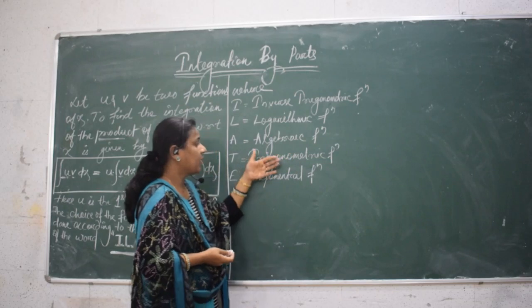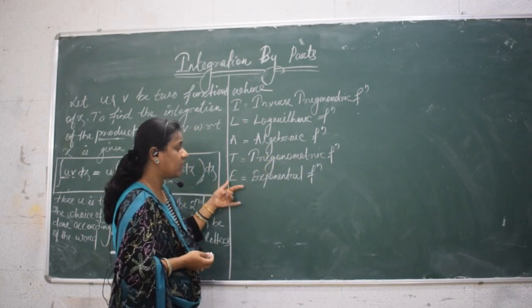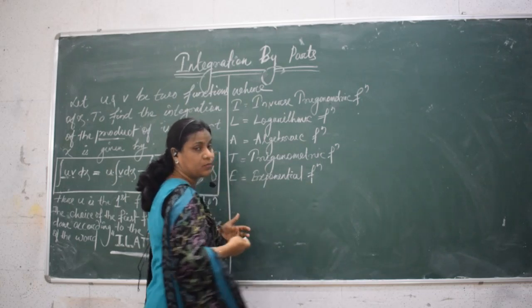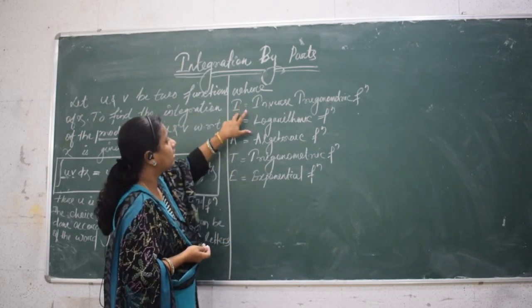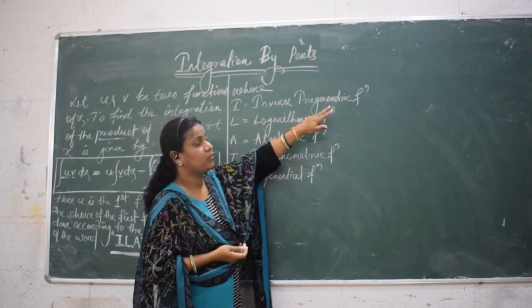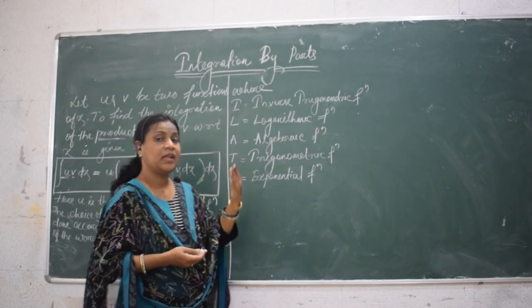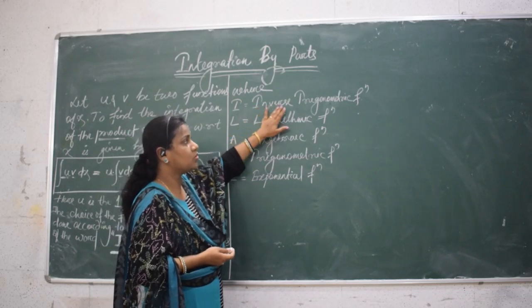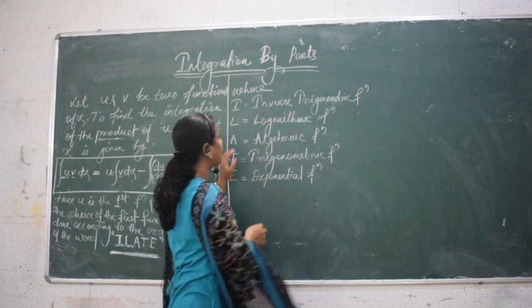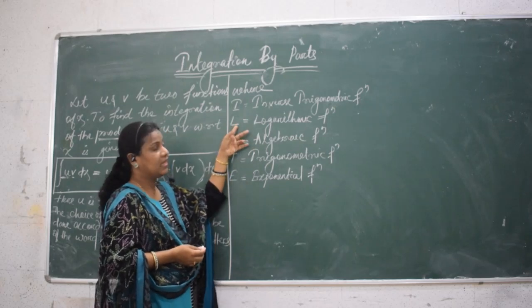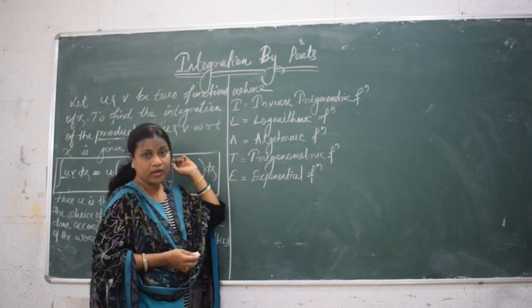E is the exponential function, that is e to the power x form. For example, sine inverse x, cos inverse x, tan inverse x are inverse trigonometric functions. And the logarithmic function is log x; if it is in this form, it indicates a logarithmic function.